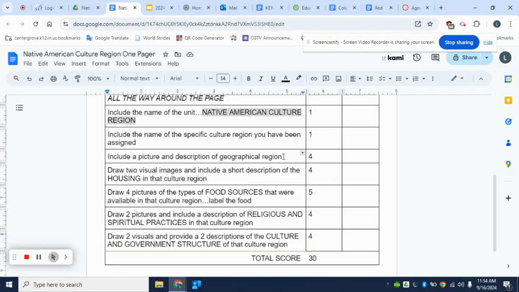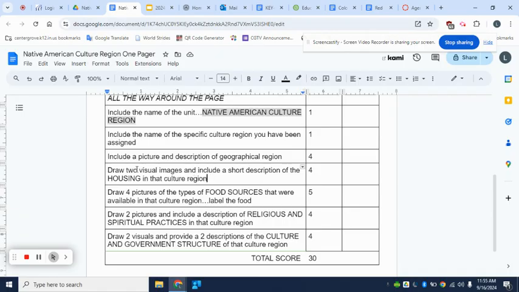The next thing that you would want to include would be a picture and a description of the geographical region. So including a picture might include drawing a map of the region on your one-pager. Okay, then you would want to write out a description that would describe that geographical region. Including that information would give you 4 points. The next requirement, draw 2 visual images and include a short description of the housing in that culture.